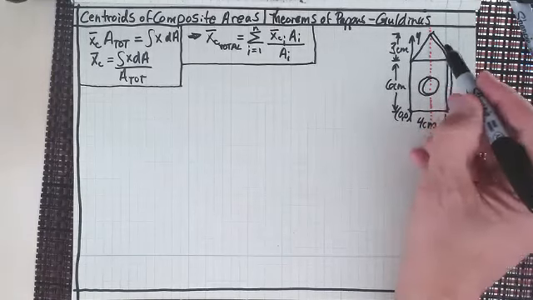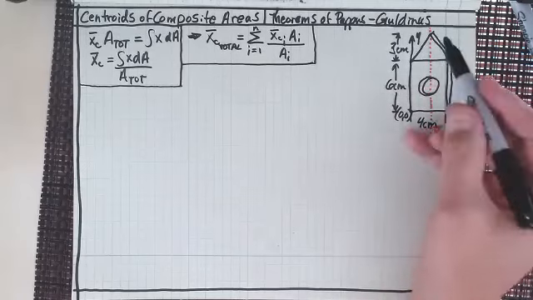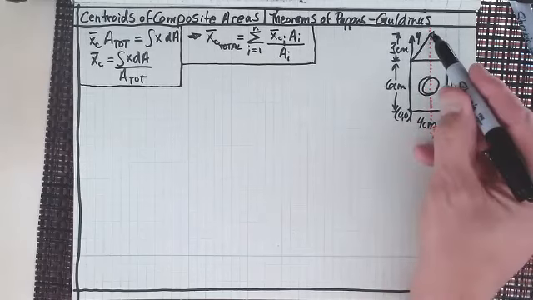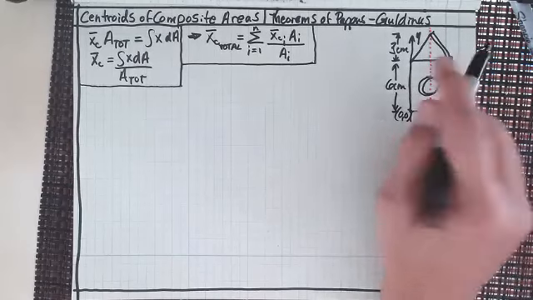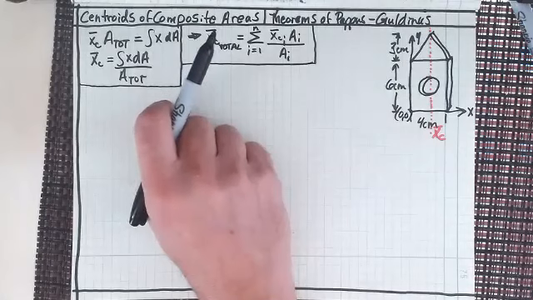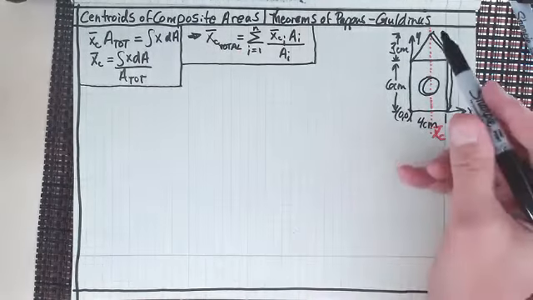I really should even remove this three-dimensionalization here, but this would work just as well, finding the centroid or the center of gravity, if it was a flat piece like that anyway.